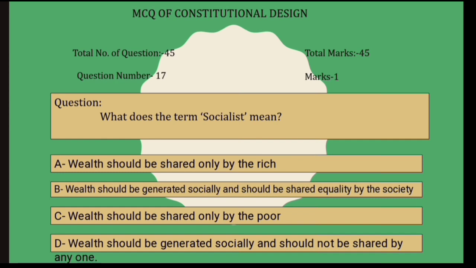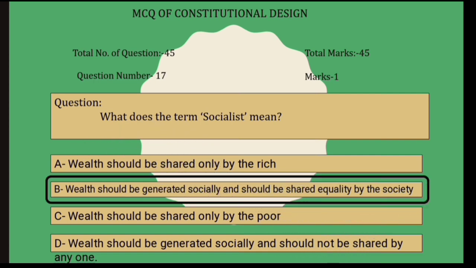Question 17. What does the term socialist mean? Option A. Wealth should be shared only by the rich. Option B. Wealth should be generated socially and should be shared equally by the society. C. Wealth should be shared only by the poor. D. Wealth should be generated socially and should not be shared by anyone.